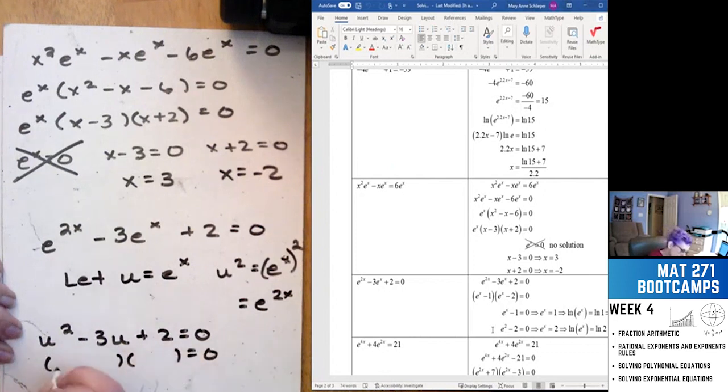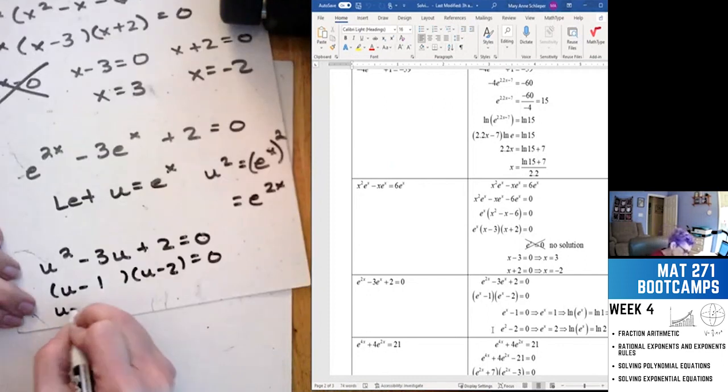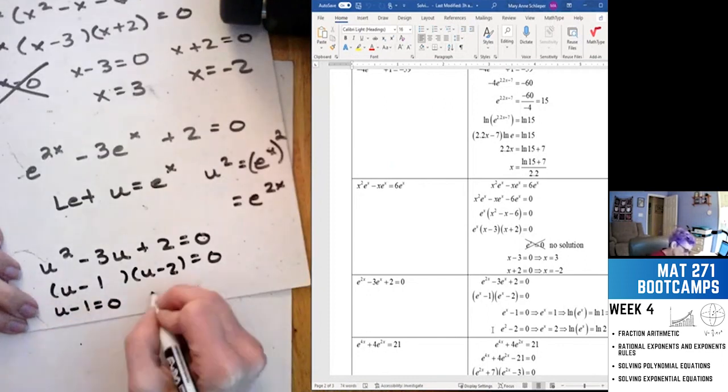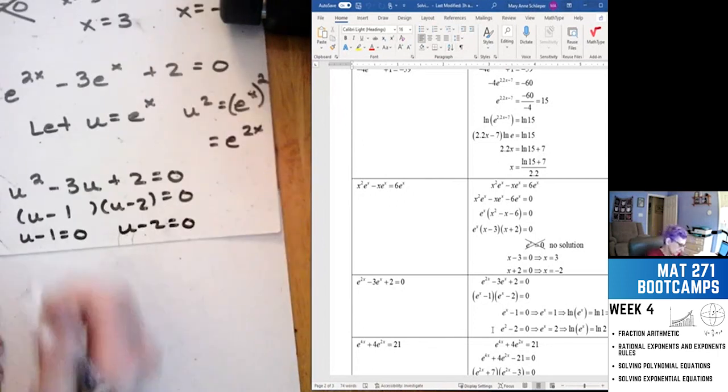Yay, I can do that. Two numbers whose product is 2, whose sum is -3: minus 1, minus 2. U minus 1 is 0, u minus 2 is 0.